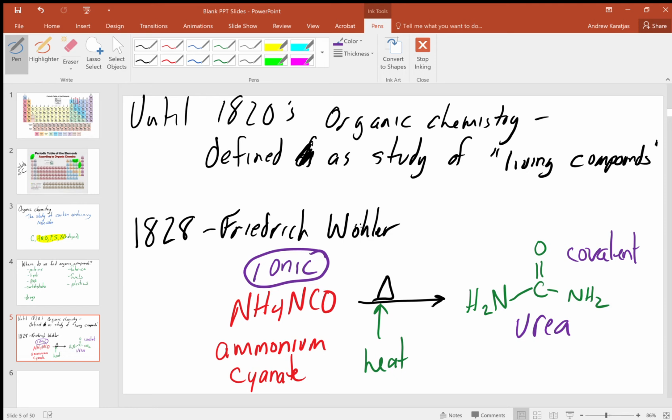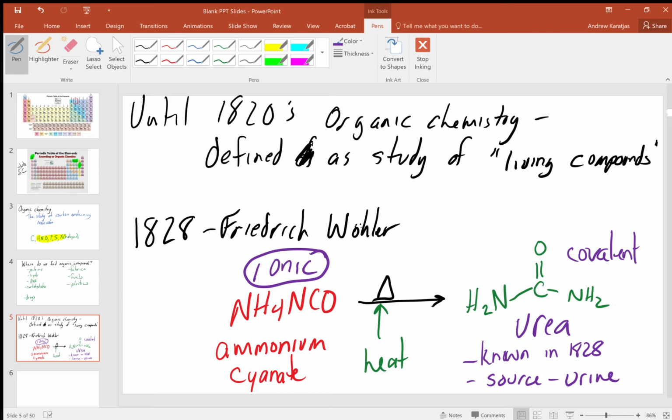And urea was a compound that even in 1828 was known. Not only was it known, but its source was that it was found in urine.